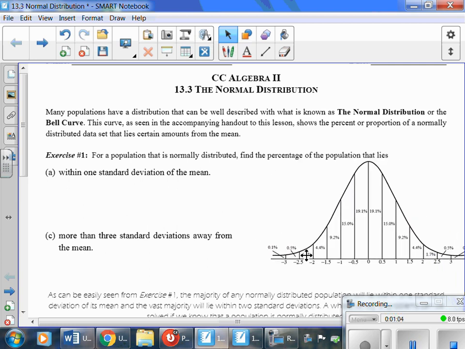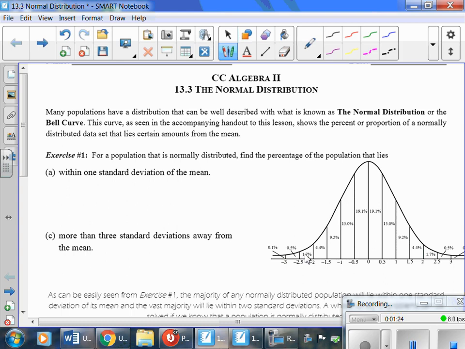Exercise 1 says, for a population that is normally distributed, find the percentage of the population that lies within one standard deviation of the mean. So yesterday we looked at actual data that was within one standard deviation of the mean. Today we're going to look at one standard deviation from the mean under the bell curve.